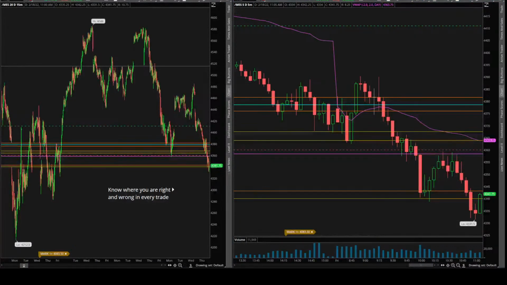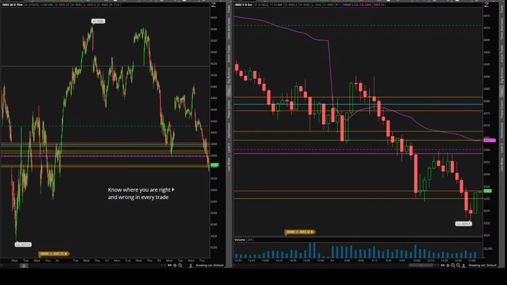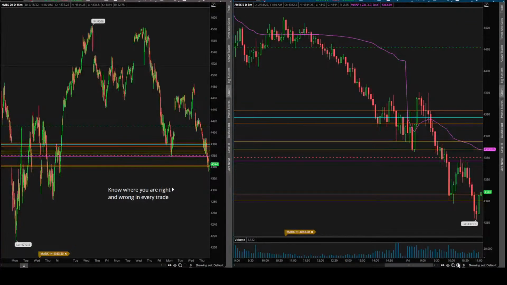Trend is still lower. Lower, lower, lower. Lower trend. Trend is still lower.